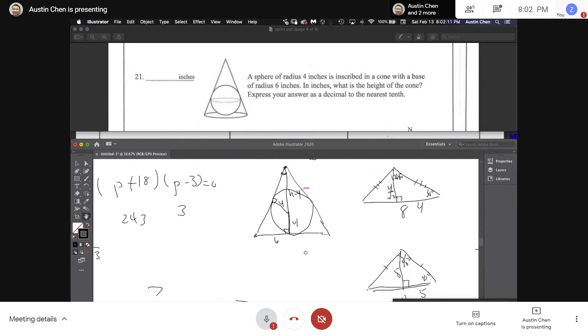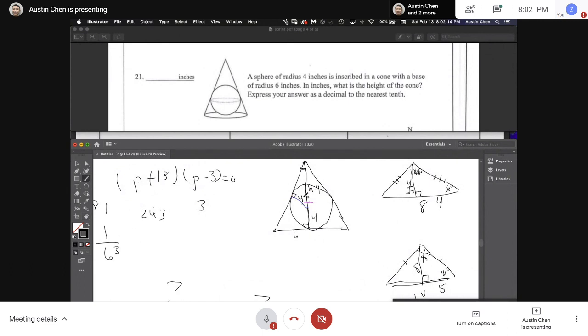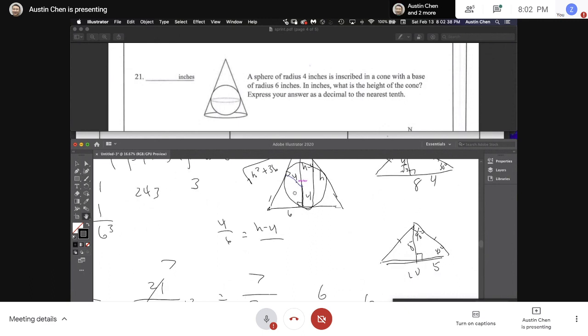So then we can use 4 over 6 is equal to h minus 4 over this hypotenuse length. And what is this hypotenuse length? Well, this whole thing is h, right? This hypotenuse length is going to be the root of h squared plus 36.